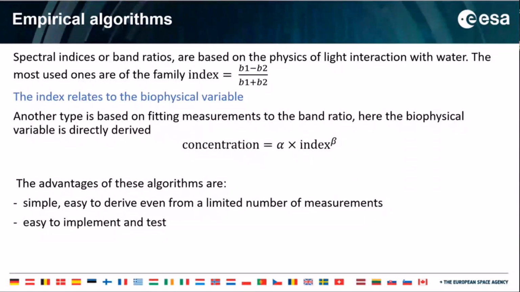Most of these indices follow this simple form, which basically came from land application. Most of you have heard of NDVI, the normalized difference vegetation index, which takes the difference between two bands and divides it by their sum.